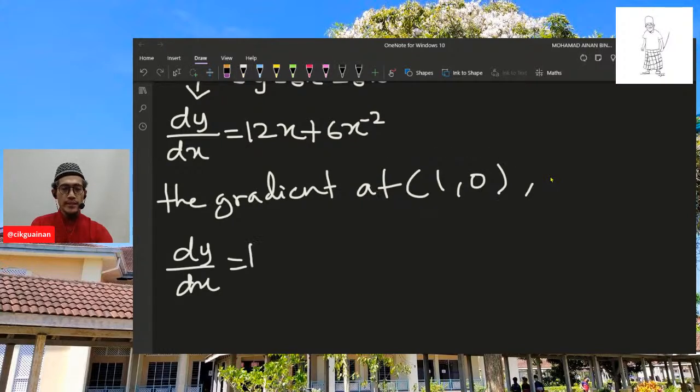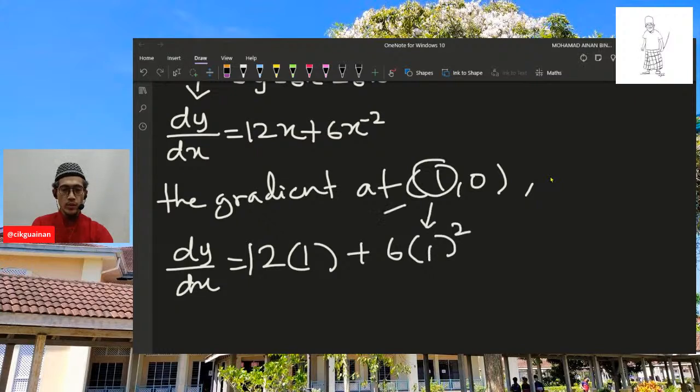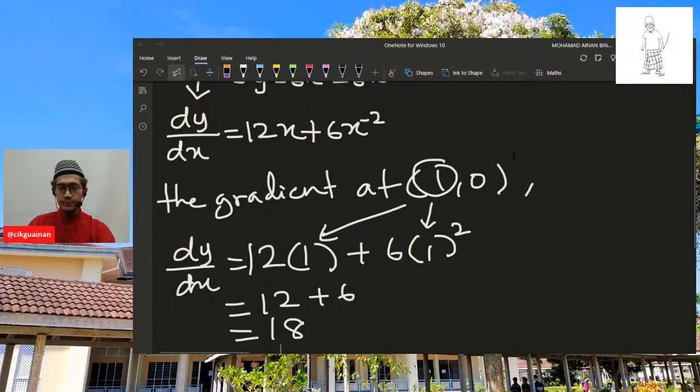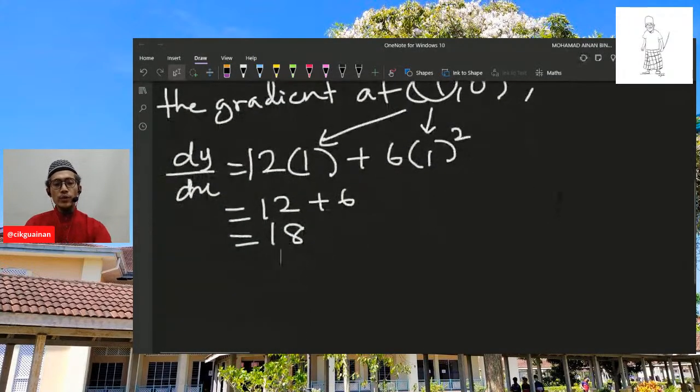Over here we have 12x, where x is 1, so 12 plus 6x squared, with 1 there as well. That is 12 plus 6, which is 18. Now we know the gradient at (1, 0) is 18.